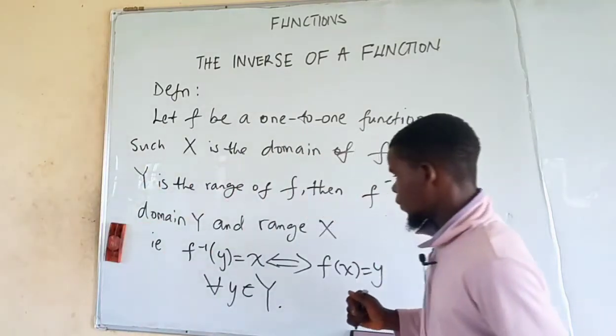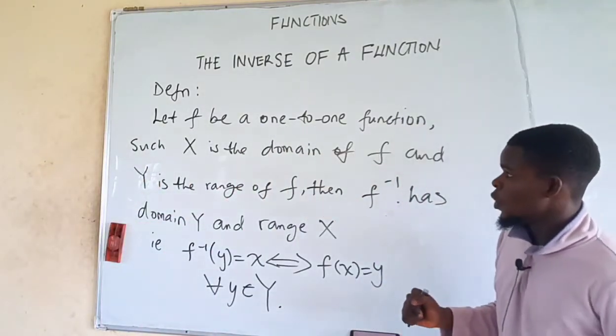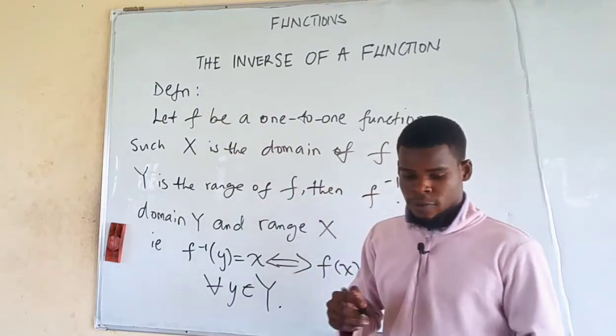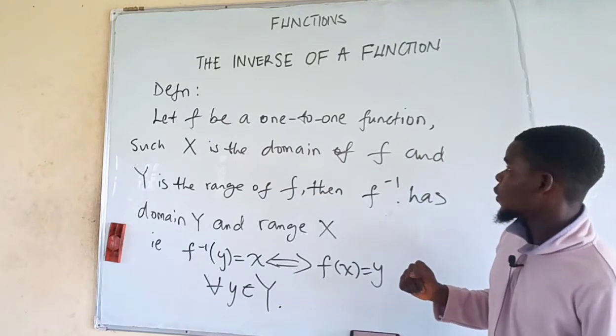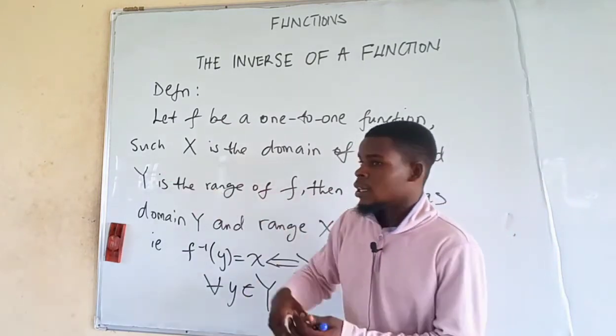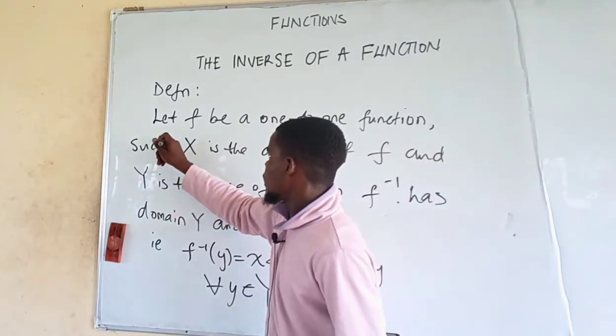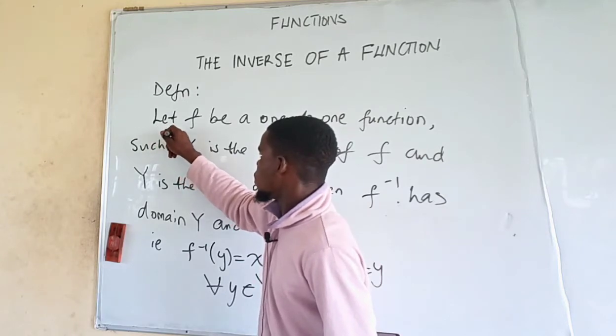Okay, this is what we've got. We say that for the definition of the inverse of a function, we define f to be a one-to-one function such that X is the domain.